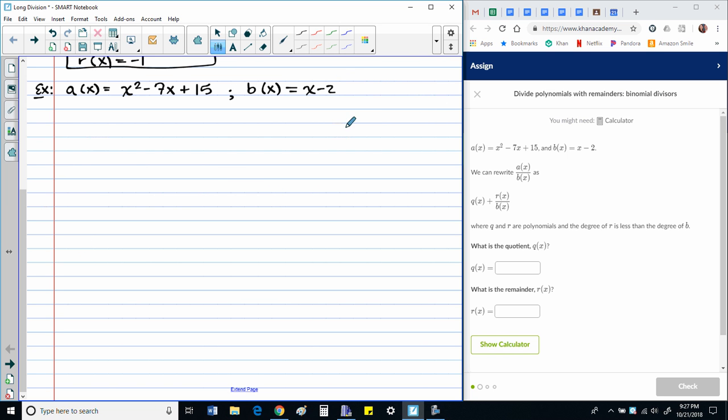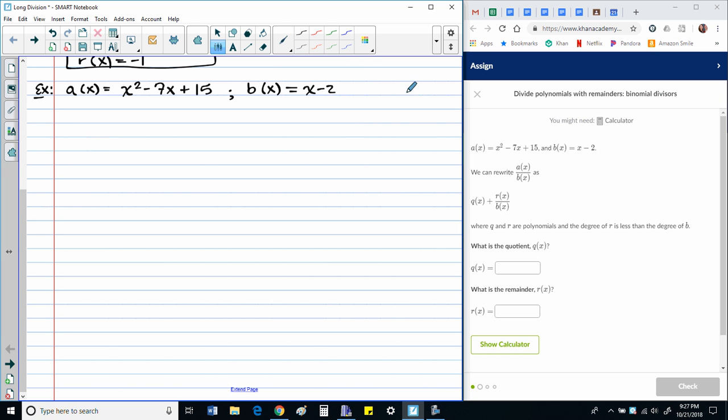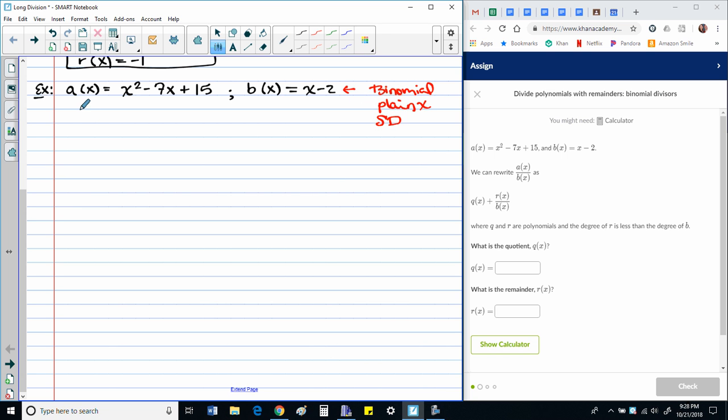All right, well, that's a plain x, so first of all, it's a binomial, and it's a plain x, which means synthetic division. All right, so we know a faster way than long division for this one. You can certainly do long division, but there's no reason to when synthetic division is faster.